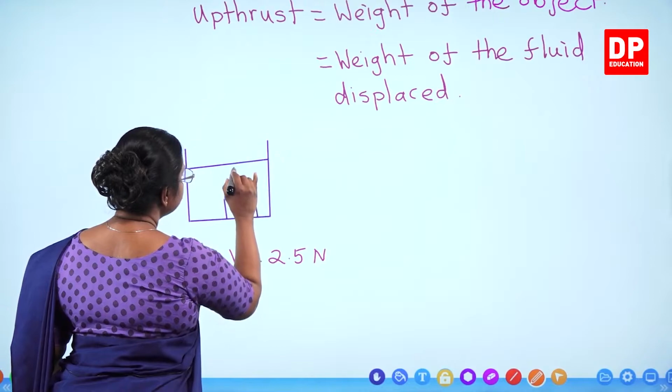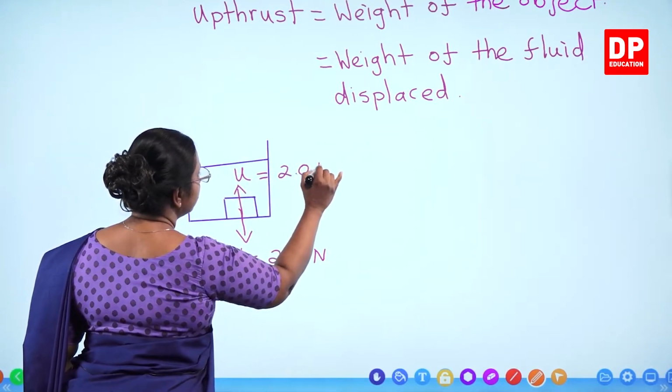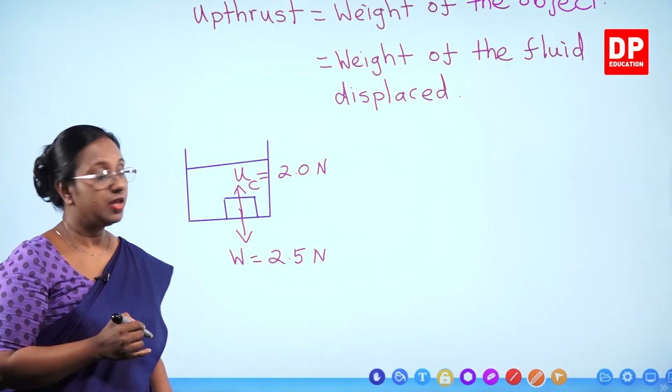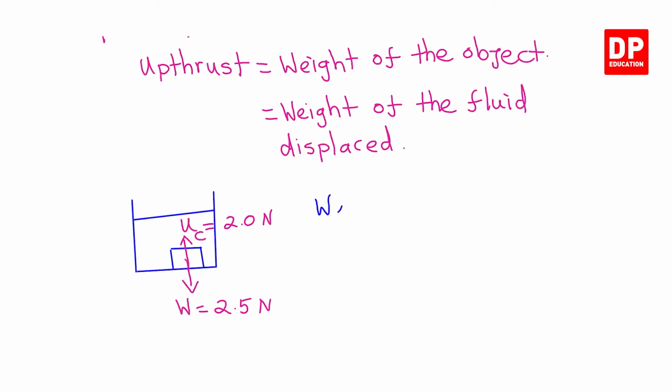But the upthrust acting upwards, it was only 2 Newtons. That was instance C. So here what is the relationship? So here you can see weight is greater than upthrust. So there is a resultant.